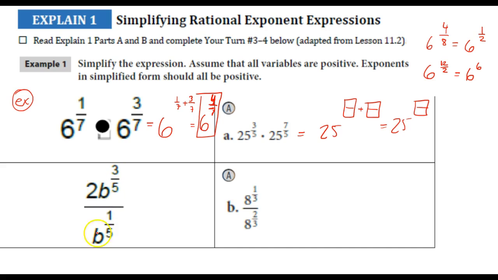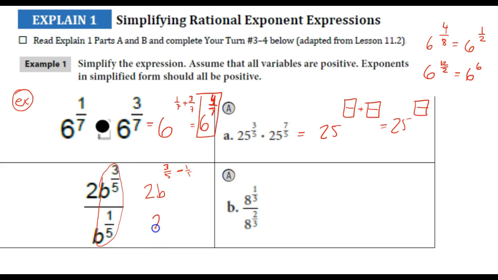Alright. Next thing we're going to do is, oh, I see the same bases here, but not the same exponents. So what I'll do is I will go ahead and actually subtract the top fractional exponent by the bottom fractional exponent. Let's go ahead and work that out.